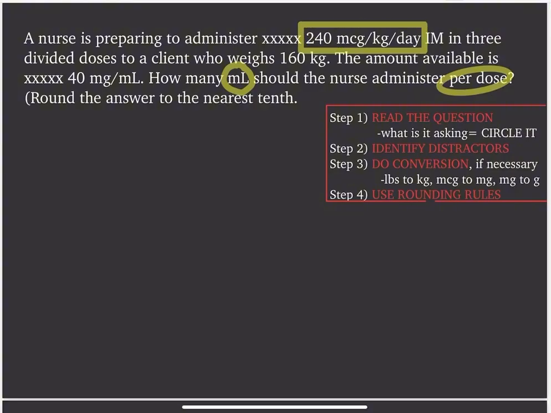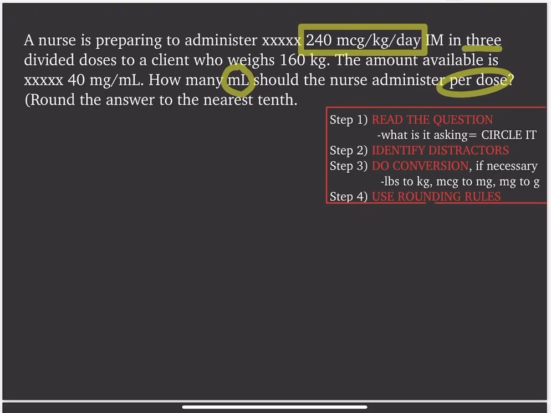And now we're going to put a box around our hub. 240 micrograms for every 1 kilogram per day. It's broken up into 3 doses, and the available is 40 milligrams per 1 milliliter. So we're going to multiply 160 kilograms by 240 micrograms because there's 240 micrograms for every 1 kilogram.